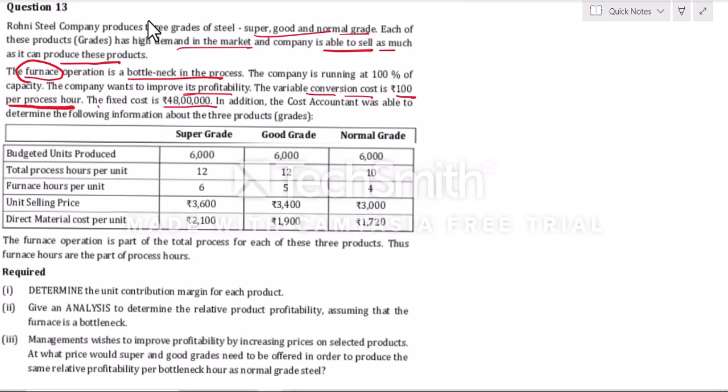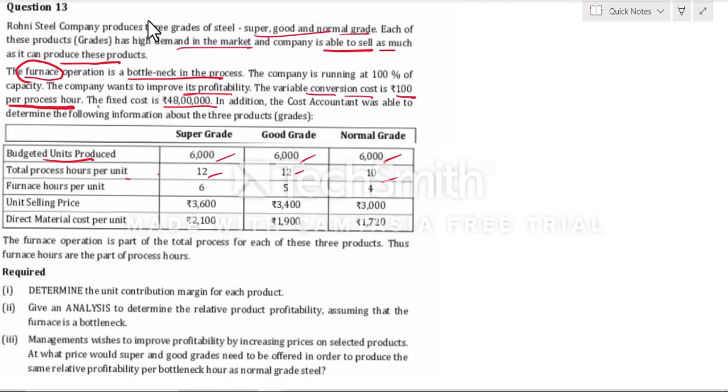In addition, the cost accountant was able to determine the following information about the 3 products: super, good, normal. Budgeted units produced is 6000, 6000, 6000. Total process hours per unit is 12, 12, 10. So in order to get variable cost, we need to multiply this with this one.